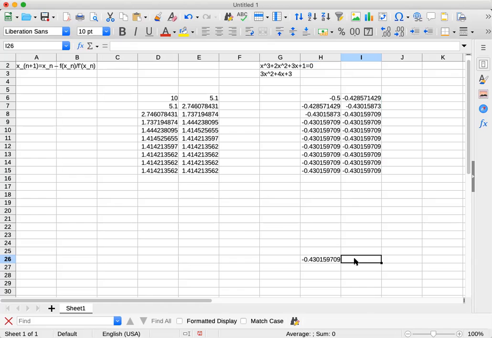And here is the formula for our f of x, which says we take this number and we do x cubed plus 2x squared plus 3x plus 1.